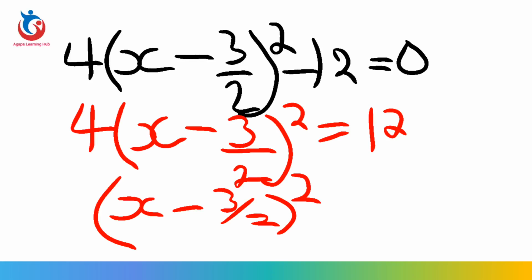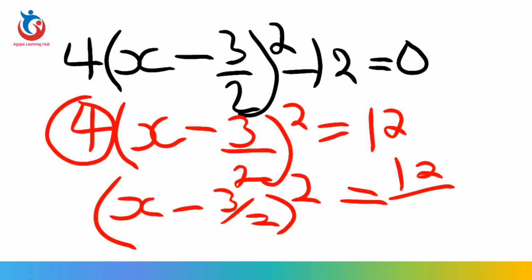We're going to take over the 4, so 12 over 4. Right? Everybody following?